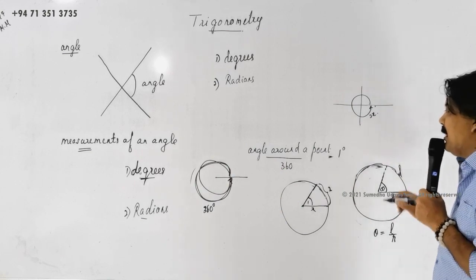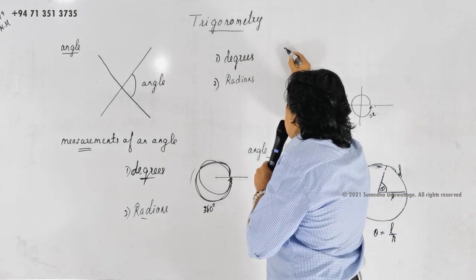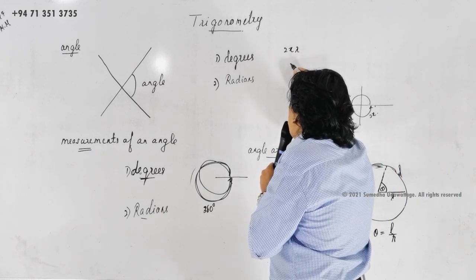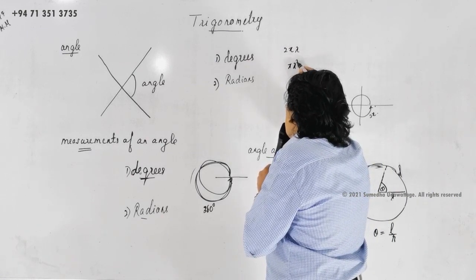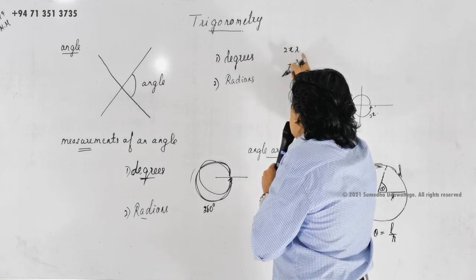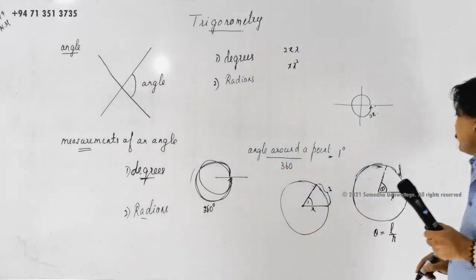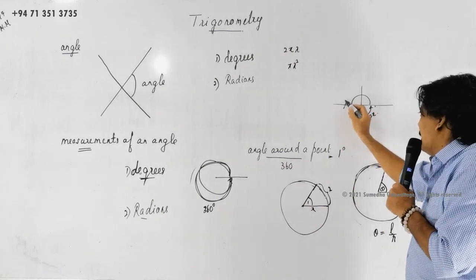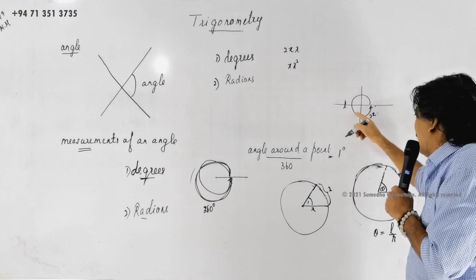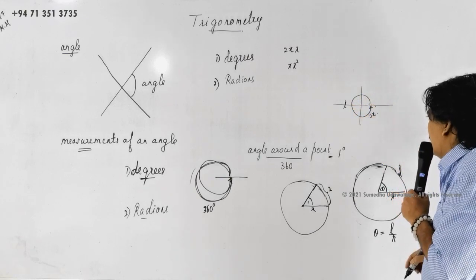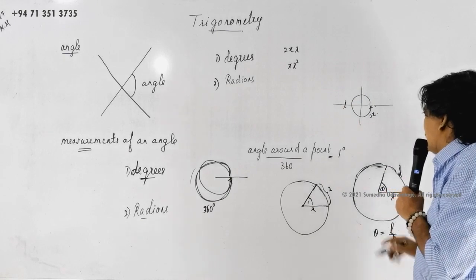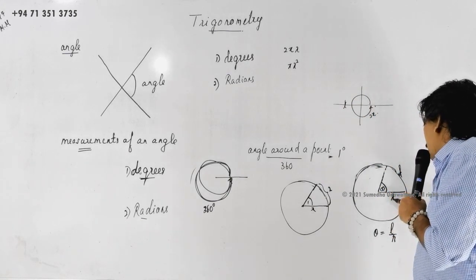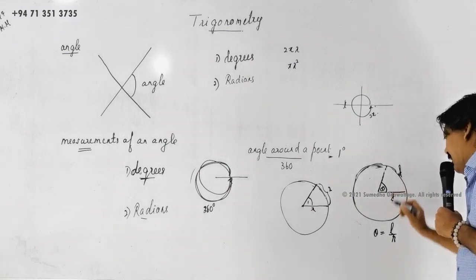This pi is familiar to you. Can you remember from O-level mathematics? We had values like 2 pi r, the perimeter of a circle, and pi r squared, the area of a circle. If the complete length of this is L, then L over R is the angle.